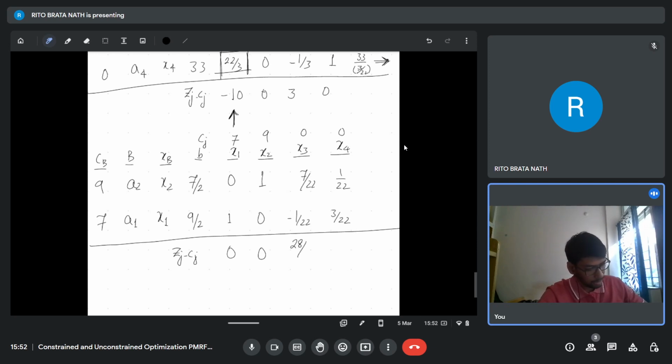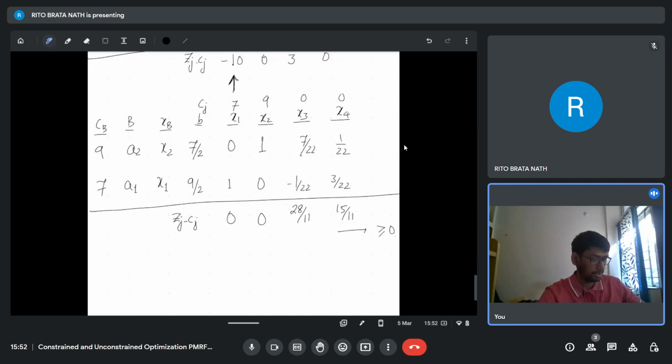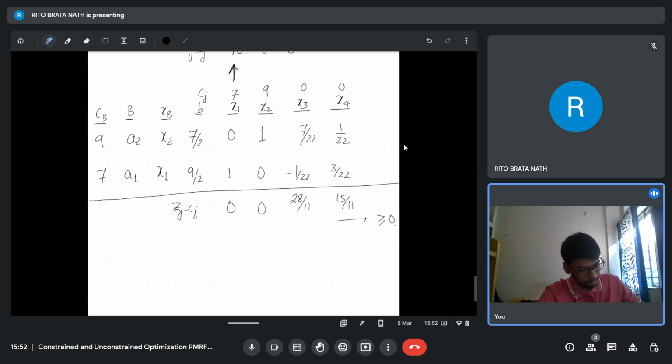And finally, it's 9 by 22 plus 21 by 22, so that's 30 by 22, which is 15 by 11. So all of them are greater than or equal to 0, so you have reached optimality. So for this, if you solve it as an LP, you get x1 equals 9 by 2 and x2 equals 7 by 2.